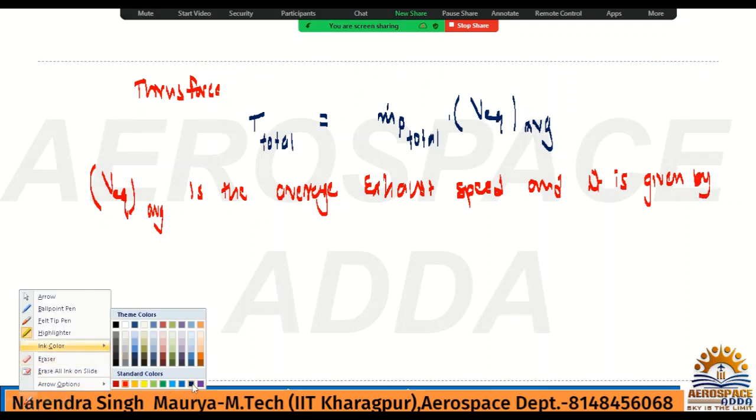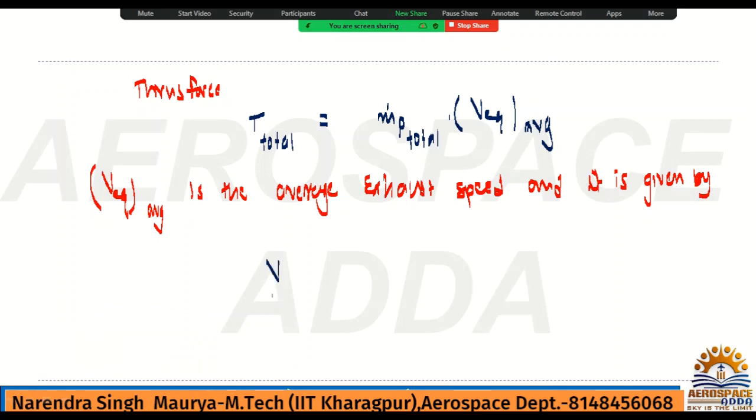If sometimes required you can calculate it, otherwise most of the time this value will be given to you, so nothing to worry. How to get the average?